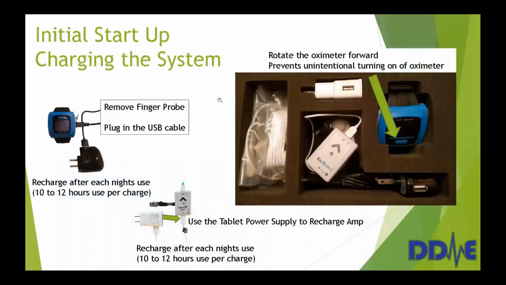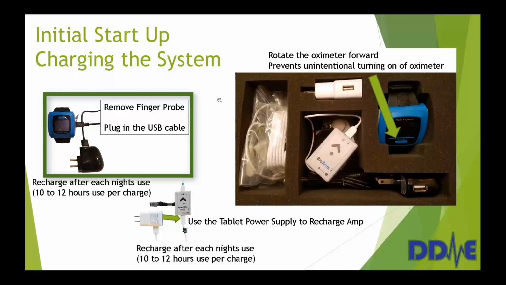Okay, so when you first receive your GEMPro and you're getting ready to use it for the first time, the sensors, that is the wrist pulse oximeter and the BioBrux amplifier, are rechargeable, meaning you don't have to swap out batteries, but you do have to charge them up. First, the black USB cable system is to recharge the wrist pulse oximeter.